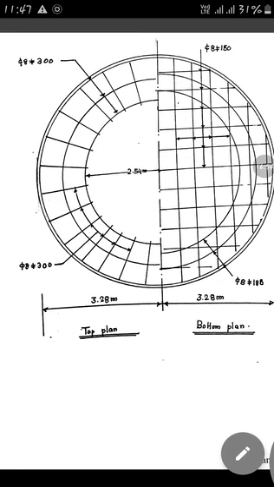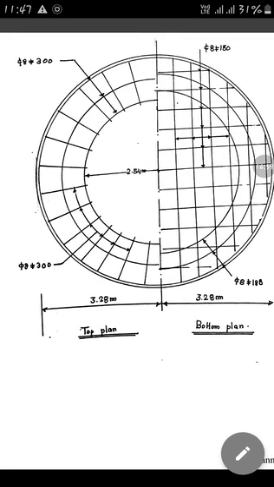So please try to do this problem as an assignment and just paste it in Google Classroom, or you can send me as an image through WhatsApp.